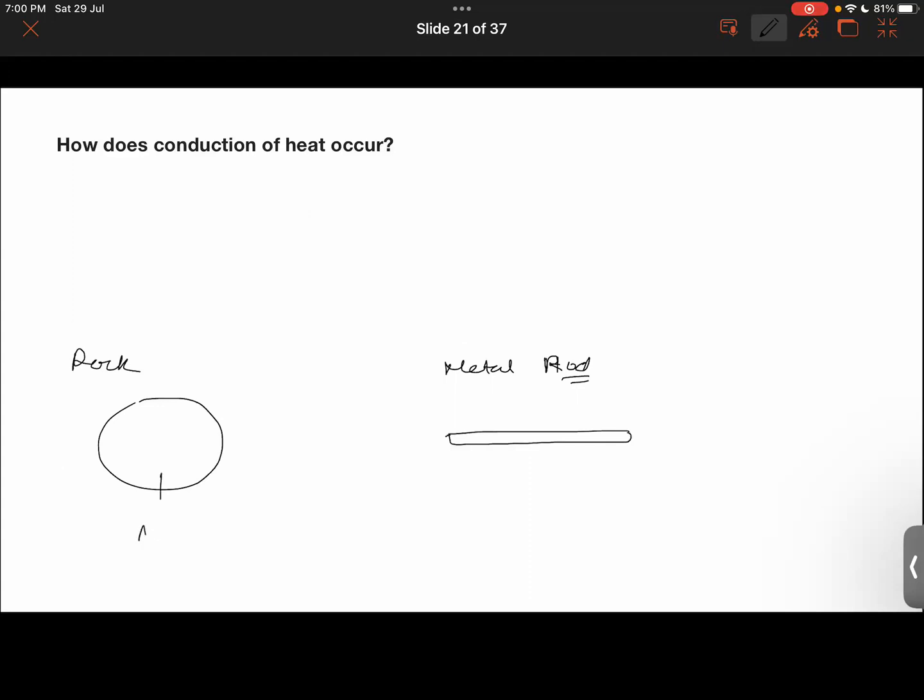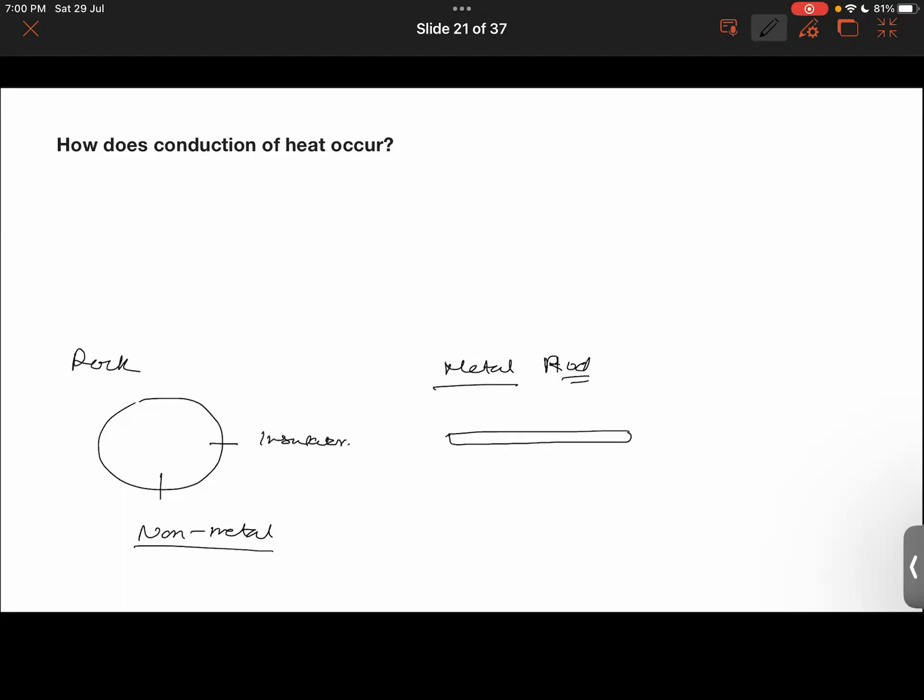Because this rock is a non-metal, and metals, we know, are good conductors of heat. So metal rods are good conductors of heat, while this rock is a non-metal and a bad conductor of heat, so it is also called an insulator, right?